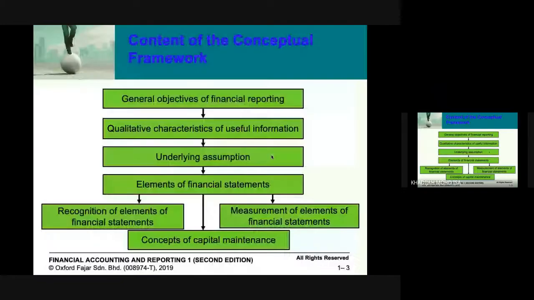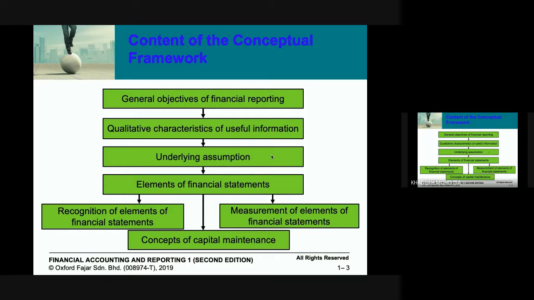And then in terms of the content of the conceptual framework, we have looked into the general objective of the financial reporting. We have looked into qualitative characteristics of useful information, the underlying assumptions, and then the elements of financial statements. We are looking at the recognition of elements of financial statements and the measurement.